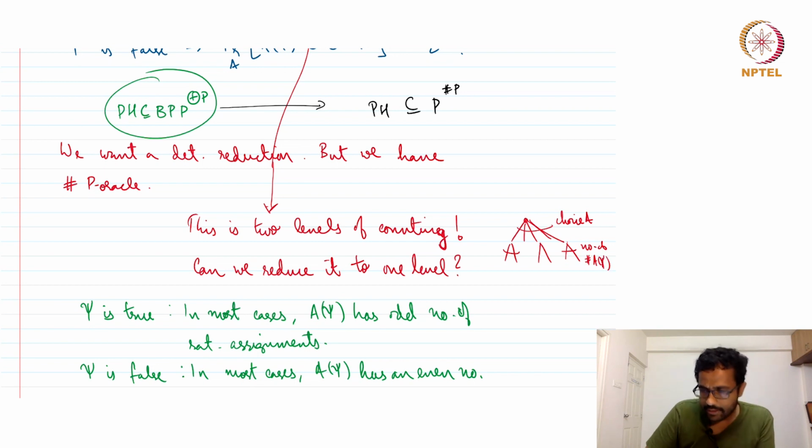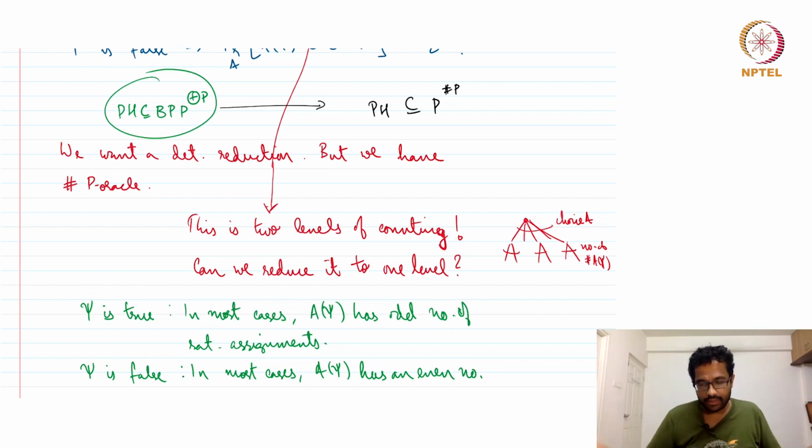So one thing that you may want to try is just to add up the number of satisfying assignments over all the possible choices of A. But what we know in the case when psi is true is that most cases had an odd number of satisfying assignments, and in the case of false, most cases had an even number. But then even and odd could be interspersed, mixed up. We cannot really tell it apart, right?